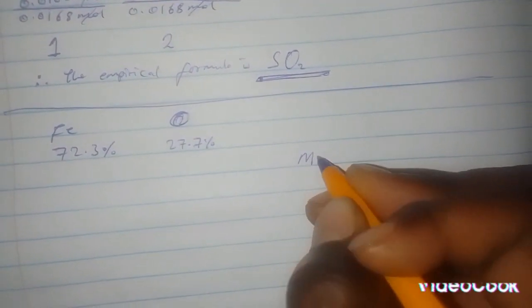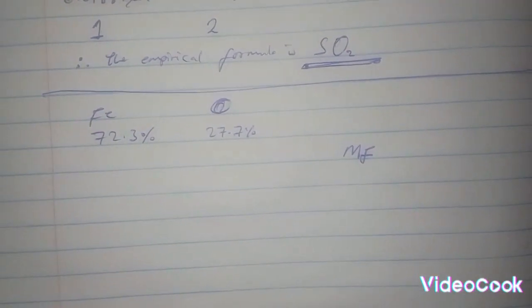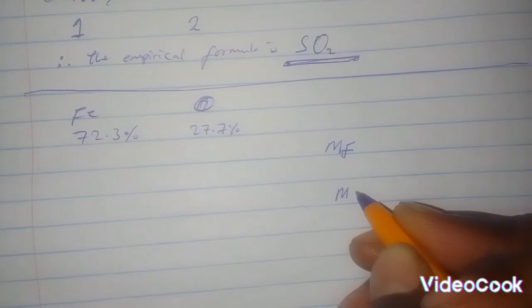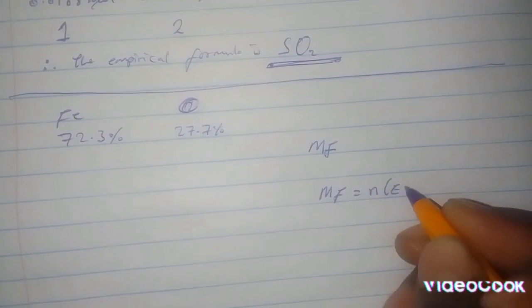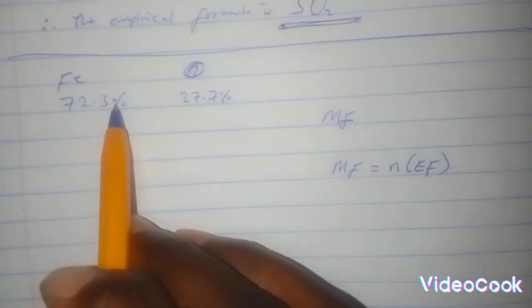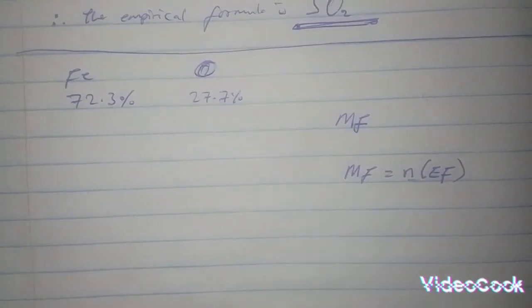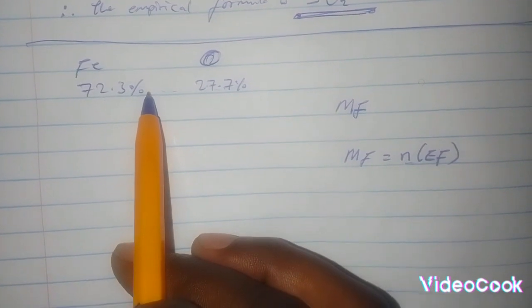First, we know that molecular formula is equal to n multiplied by the empirical formula. Looking at what we are given here, we don't have the n. Therefore, since it is possible to calculate the empirical formula here, we'll calculate the empirical formula first.